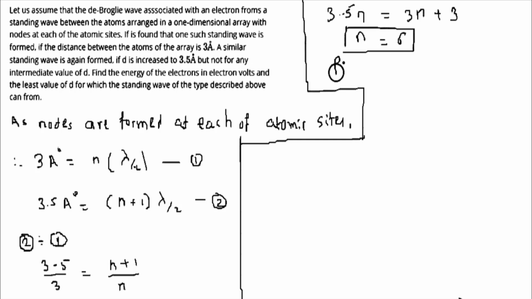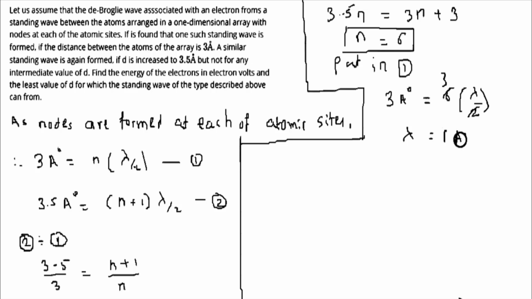We'll put this in equation 1. So it becomes 3 angstrom is equal to 6 into lambda by 2. Here 2 threes are 6, so lambda is 1 angstrom.